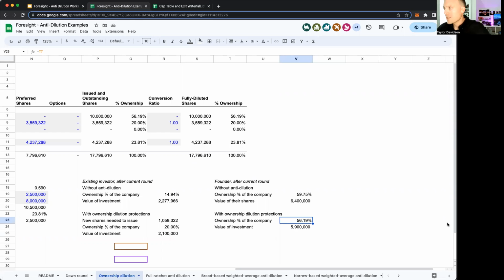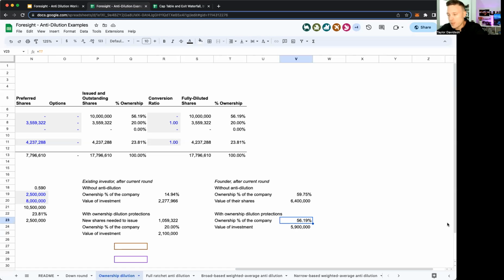So rather than adjusting the conversion ratio, is it correct to have anti-dilution provisions and instead just issue more shares? That's totally possible. We talked about that earlier in one of the slides. One of the examples on the example slide early on was written that way, where instead of adjusting the conversion ratio, they issued more shares. It can be a little different.